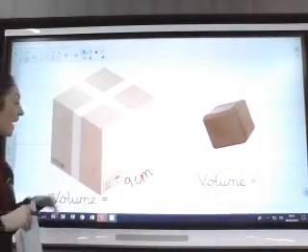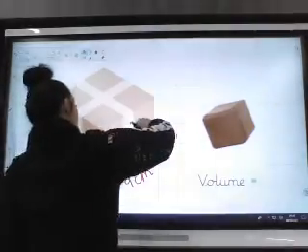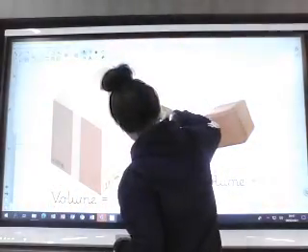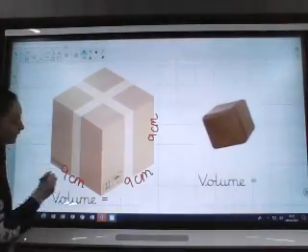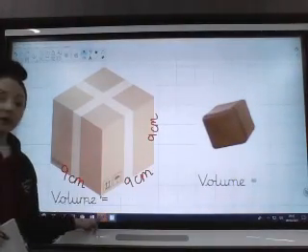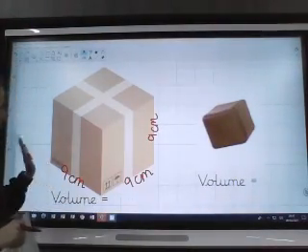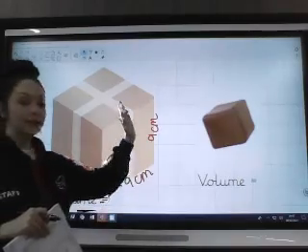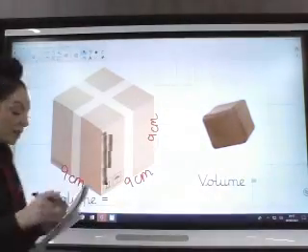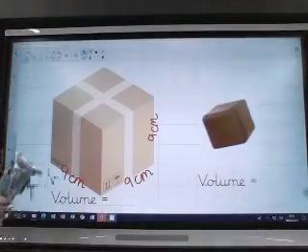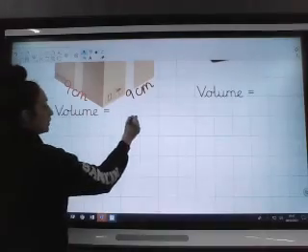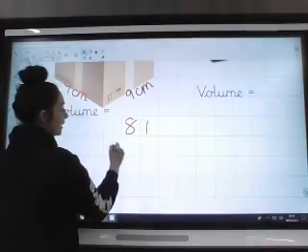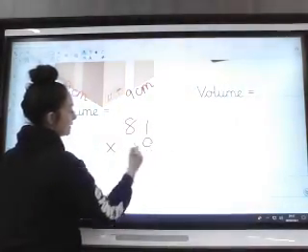Okay, so if that's 9, then the height is going to be 9 and the width is going to be 9. Okay, so to work out the volume for this one then, you're going to have to do 9 times 9 times 9. Okay, so I know that 9 times 9 is 81. Just 1 second. So then to work out your answer then, you're going to have to do 81 times 9.